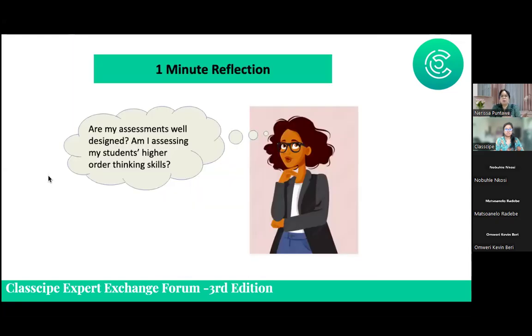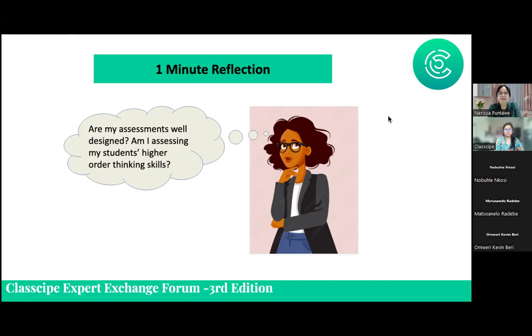Now let's have a 1-minute reflection. Are my assessments well designed? Am I assessing my students' higher order thinking skills? Or are we just limited to giving the students multiple choice or just understanding? Have we given them any formative assessment that could measure their higher order thinking skills? Please write your answers in the chat box and share with the group.